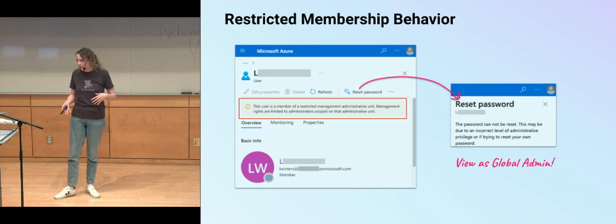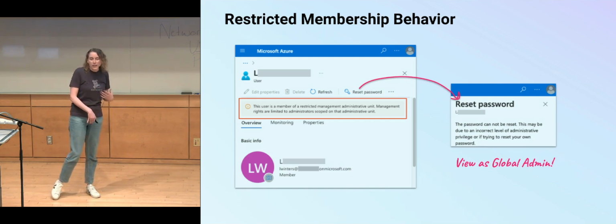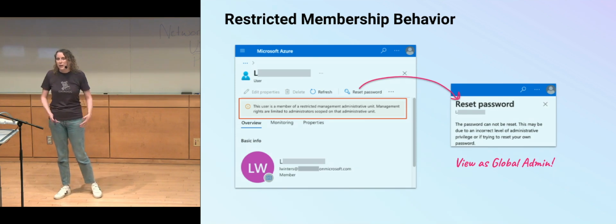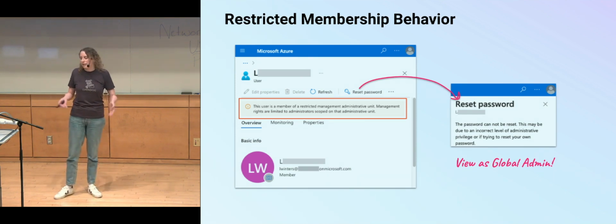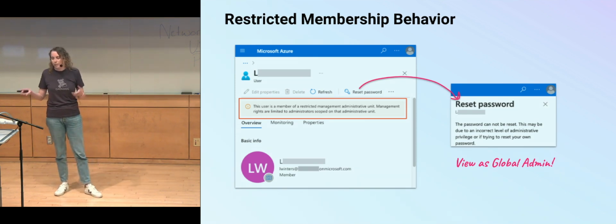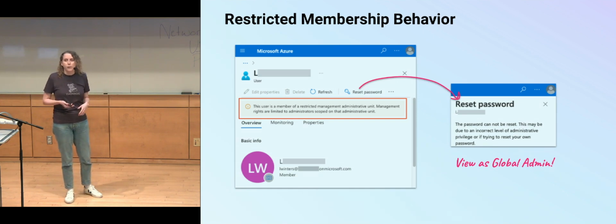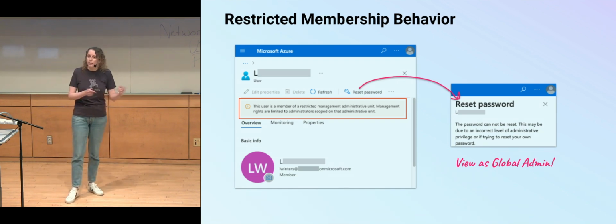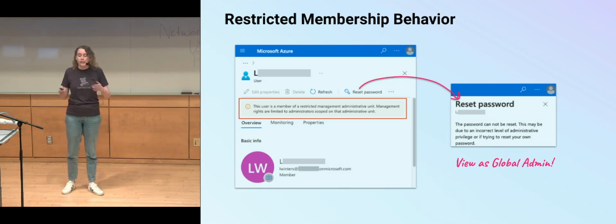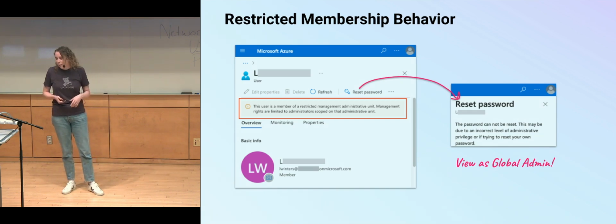We can't delete them. We can't reset their password. We can't revoke their sessions. We can't do anything. We just get this warning that says, hey, they're in this restricted management AU, and you need a scoped role assignment in order to manage that user. So we'd either have to give ourselves a scoped role assignment in order to handle this or delete the administrative unit. But still pretty cool, right?